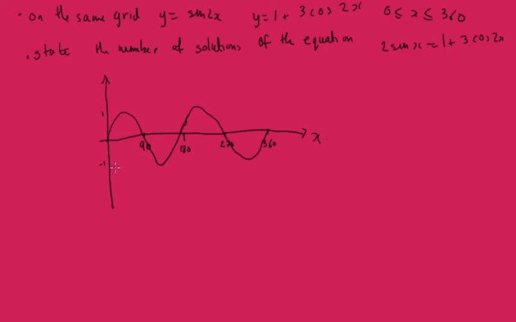Now, our 1 plus 3 cosine 2x is just what we've just been drawing. So it goes up to 4, comes down to minus 2, and I'm going to change the colour.